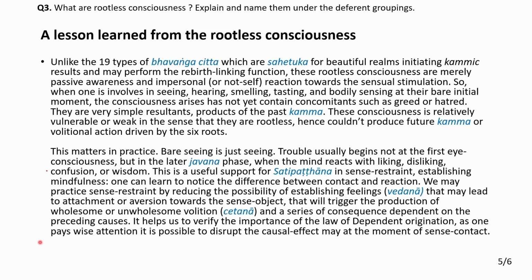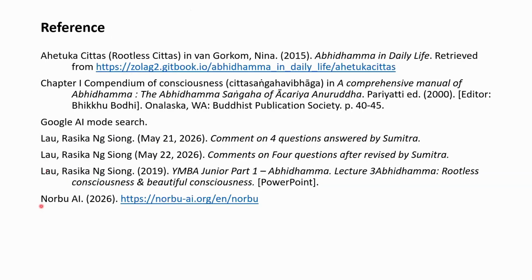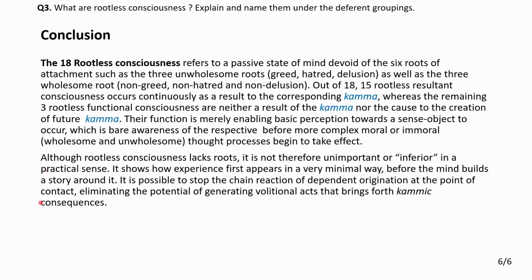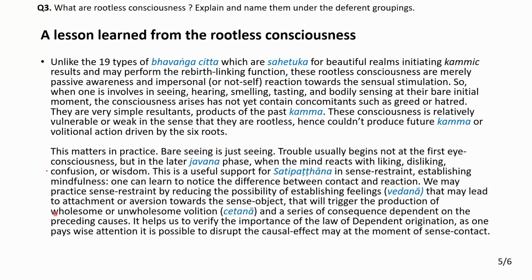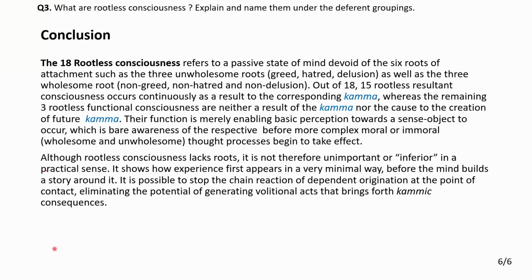Then slide number 8, the conclusion part. Before that, one slide before. Although rootless consciousness lacks roots, it is not therefore unimportant.